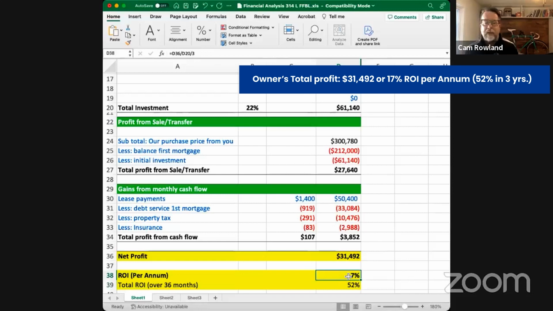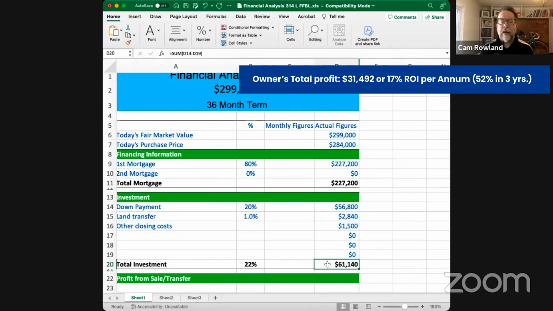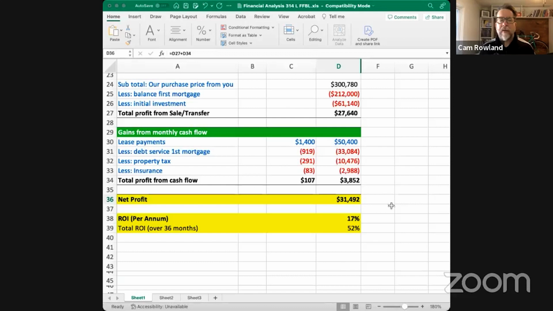So this investor puts in $61,000, gets his $61,000 back, and makes $31,000 on this deal. That's the one side of the sandwich deal.